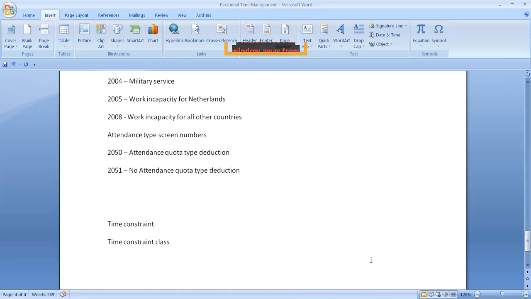Info type records you can maintain. At any given point in time, you have to specify how many records can be maintained. So that is why this time constraint exists.